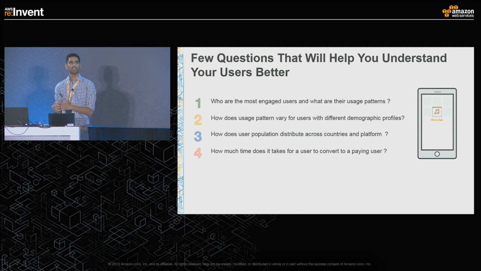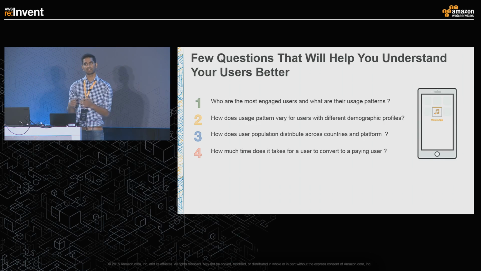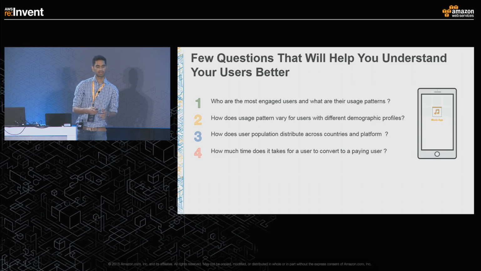Am I seeing user behavior differently in certain types of devices people are using, or in certain types of countries, maybe the experience is different. So understanding these kinds of questions or insights will enable you as a developer to really provide custom-built experiences and take decisions that make sense.